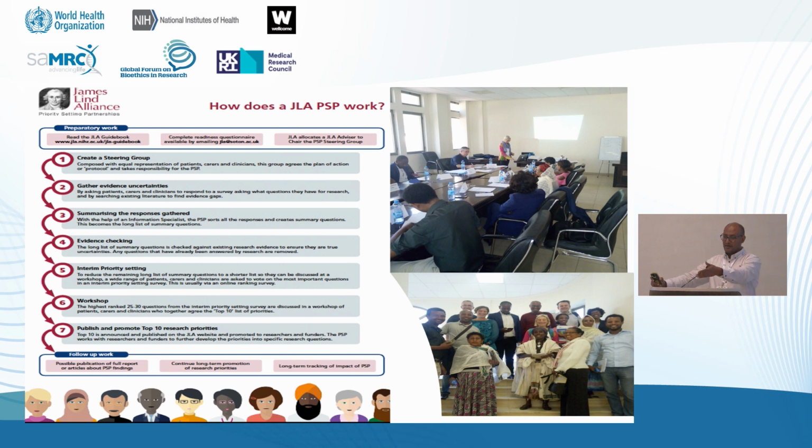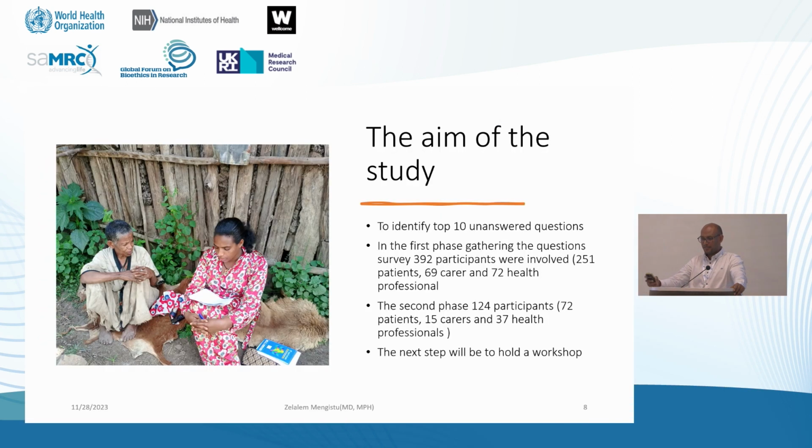We haven't yet done the workshop to finalize the priority setting exercise, so stages 6 and 7 are not yet done. So you can see on the picture a local nurse went to the household of a woman with pelvic floor disorder and asking her about her questions regarding the problem she has.